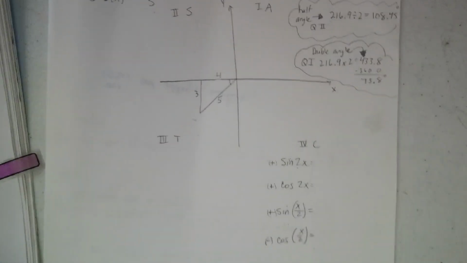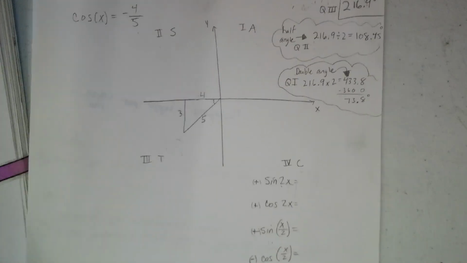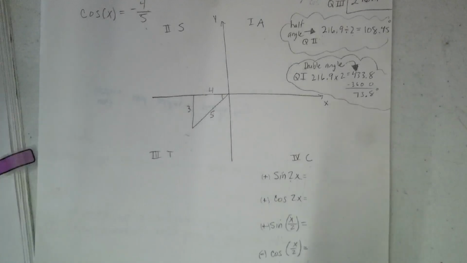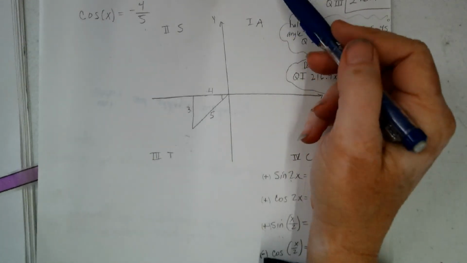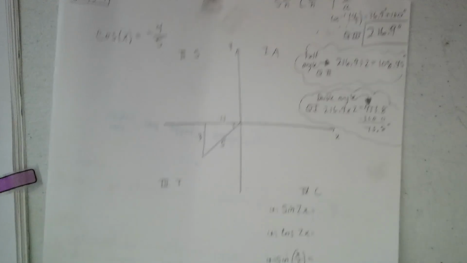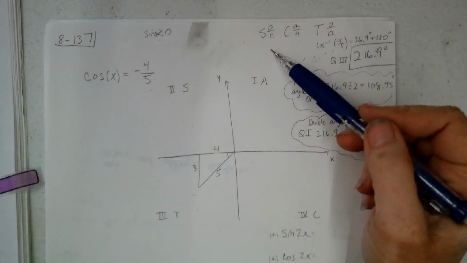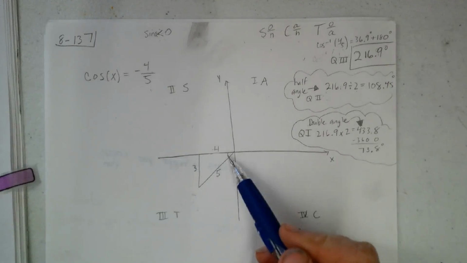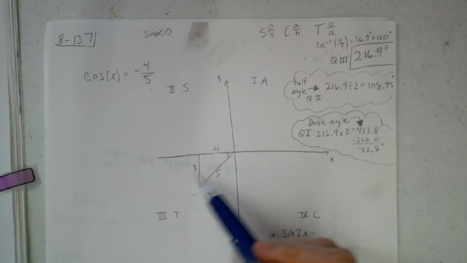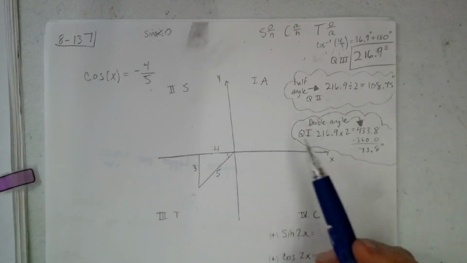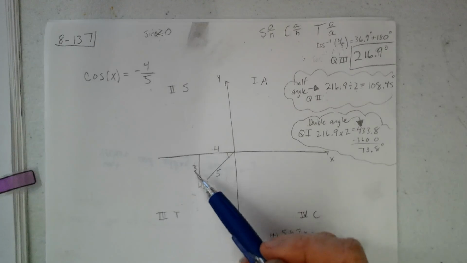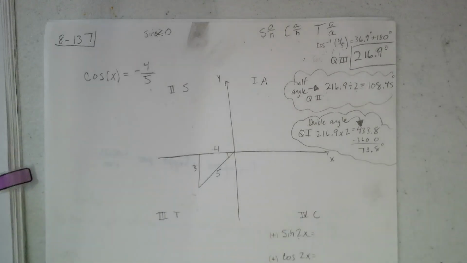So now I'm just going to find out what sine of 2x is. I can find out what sine of x is. Sine is opposite over hypotenuse, so sine would just be 3 over 5, right? Cosine would be 4 over 5. If I had to do something with tangent, it would be 3 over 4, opposite over adjacent.